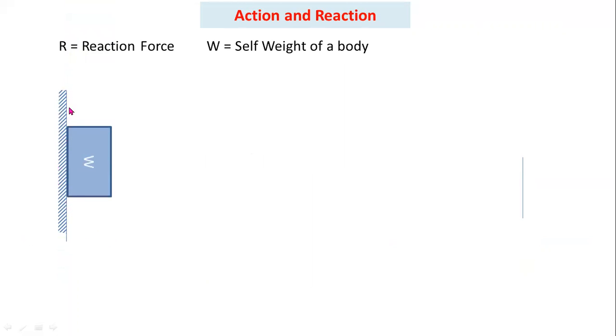Here you can observe this is a vertical support and this is a block. W is the weight of the block. So now you have to convert this diagram into a forces diagram. First of all, you have to consider this self weight W as a vertical force. Already we know that self weight always acts vertically downwards due to the gravitational effect. Now here this is the vertical support.